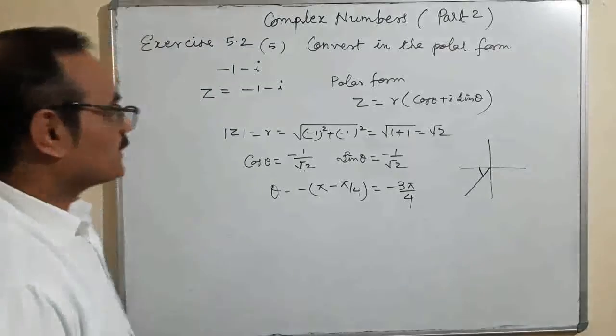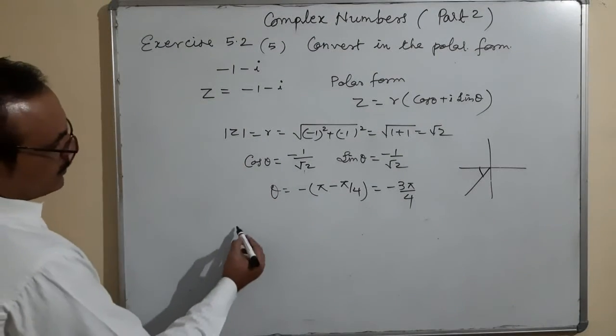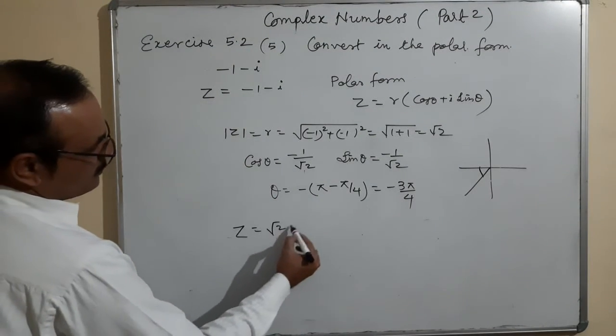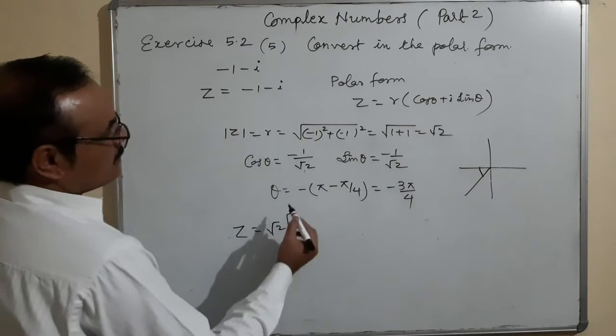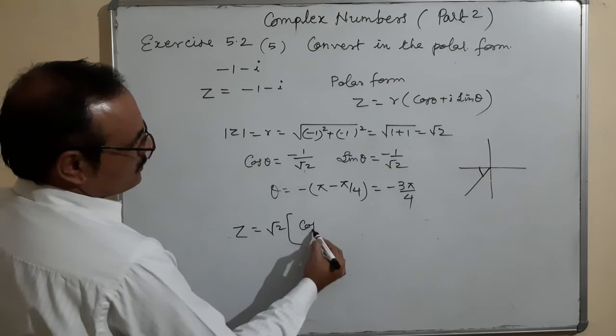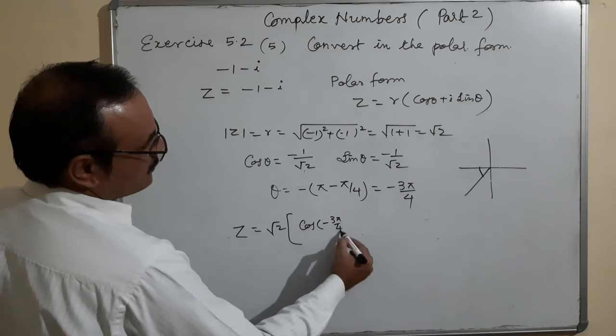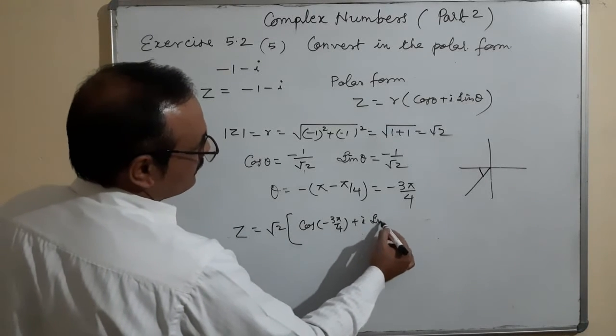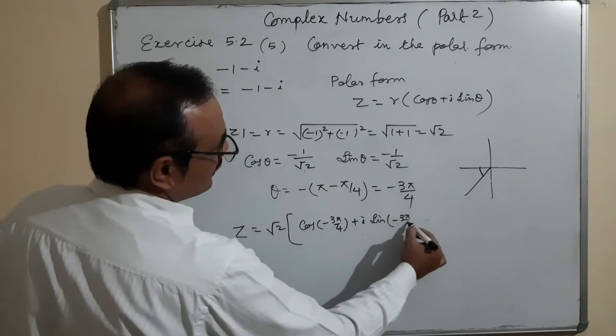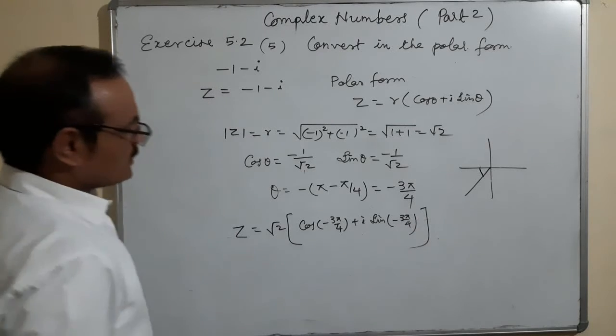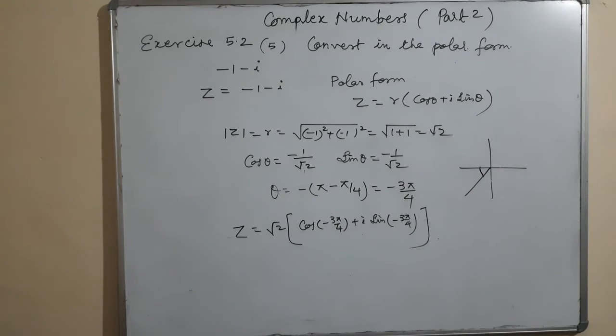This is the value of theta. And therefore the polar form is Z is equal to root 2 (cos(-3π/4) + i sin(-3π/4)). This is the representation in polar form.